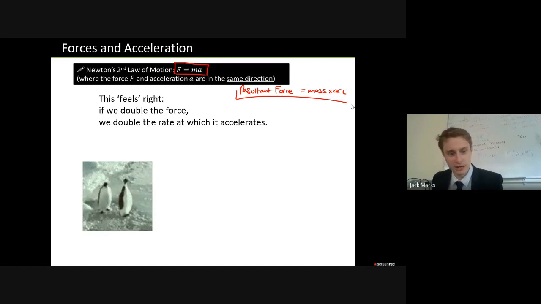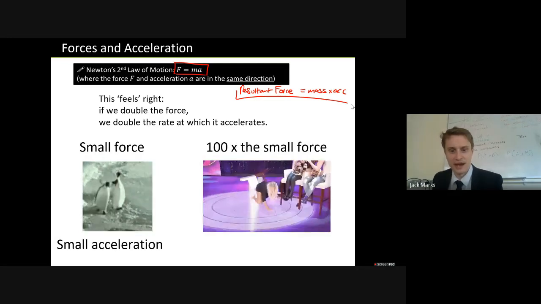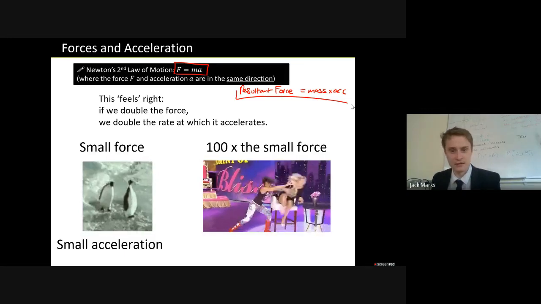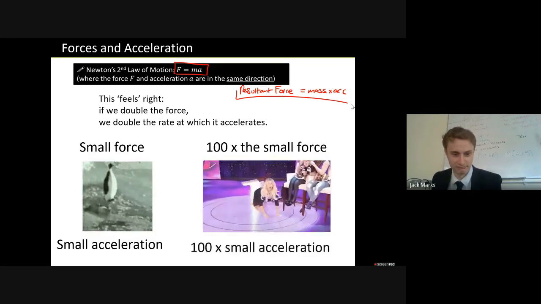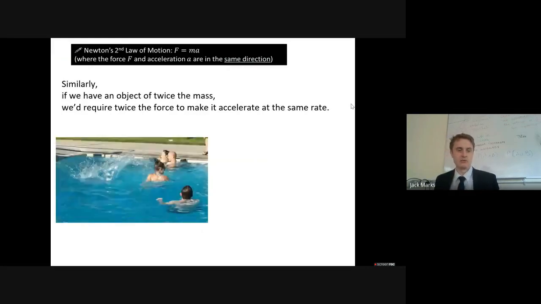You've got a couple of images here to demonstrate the point that if you have a small force, you have a small acceleration. And if you have a much bigger mass, think about a person versus a penguin, the force is much, much greater. Here's another example.